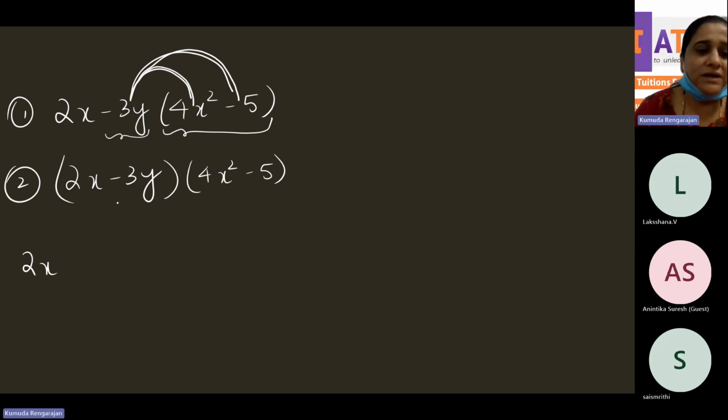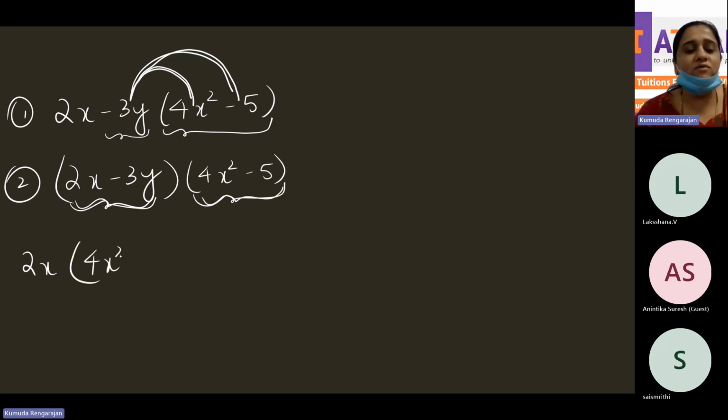While the second one means multiply both the terms here with both the terms here. They're enclosed in a bracket. So this one means multiply 2x with the second bracket, 4x square minus 5, and multiply minus 3y with the second bracket, 4x square minus 5.